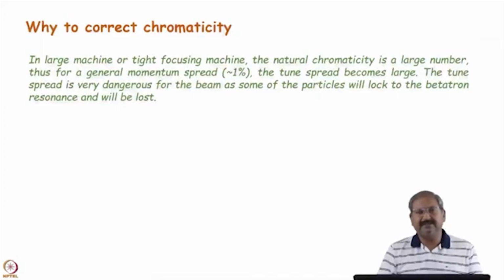What are those reasons for which we should worry about the chromaticity? So one reason is the spread in the betatron tune itself. Betatron tune is an important number, and it tells how many oscillations there are in one complete turn. So far we are studying a perfect machine, meaning each dipole magnet is perfect, each quadrupole magnet is perfect, and those are placed according to our wish, meaning there is no misalignment in the magnets.